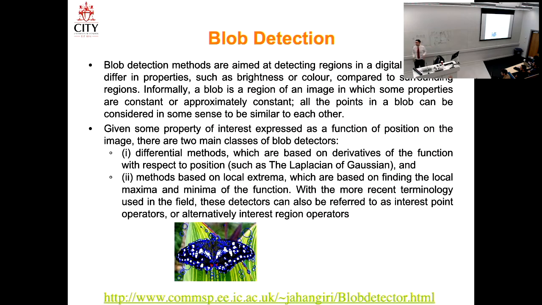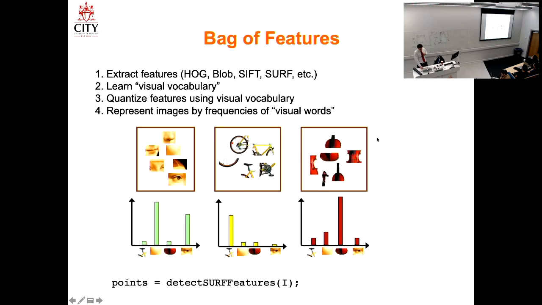Instead of sending the whole image, which will not work if you have tried, you can try blobs. You can find the smaller areas, which make more sense to be a number. Again, there are differential methods and methods based on local extrema. There is code here for MATLAB we can use for blob detection.